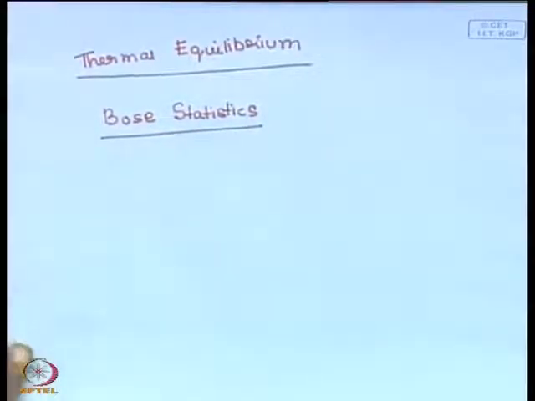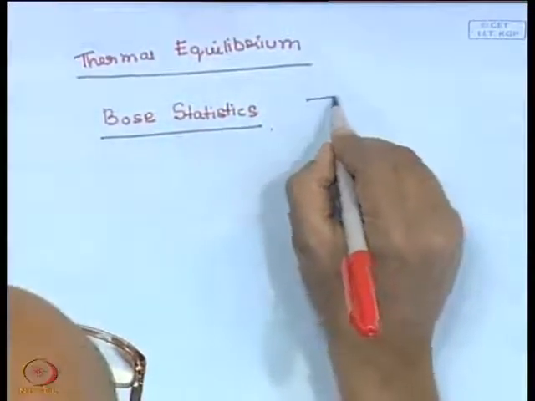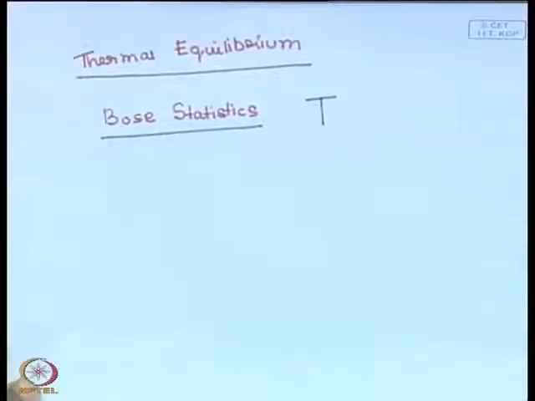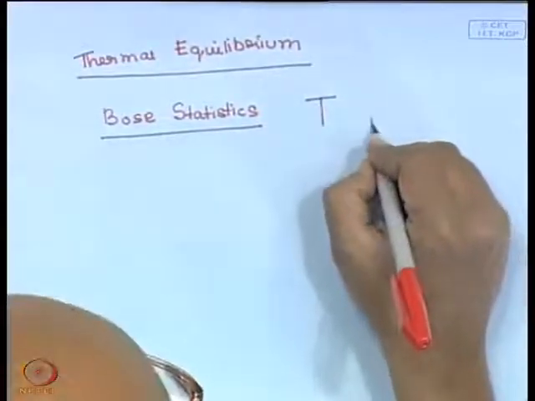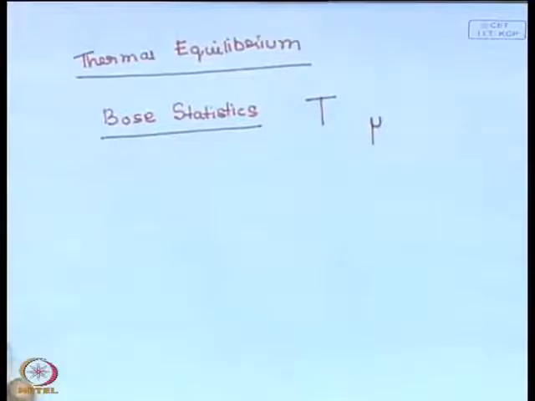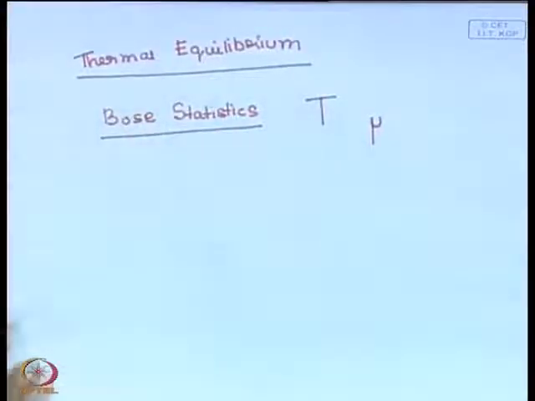And there are two parameters here. One is the temperature of the system and the other is the chemical potential mu. So, for a system of bosons in equilibrium, to completely specify the system, you need to tell the temperature and the chemical potential, right. The Bose distribution has two unknown parameters, the temperature and the chemical potential.